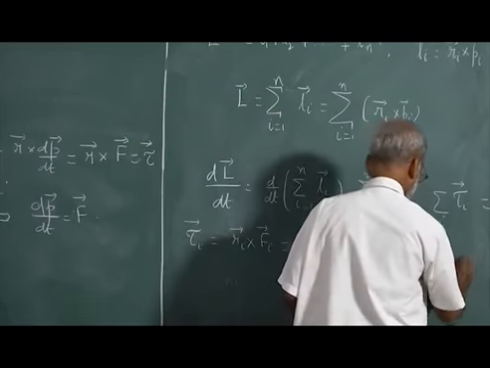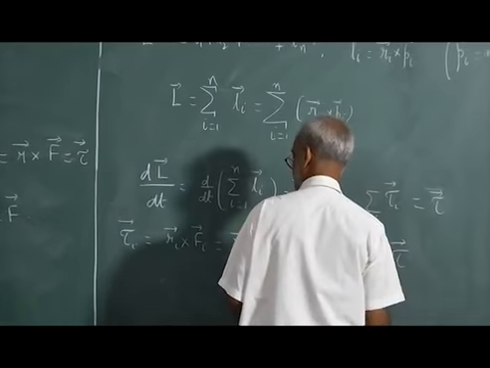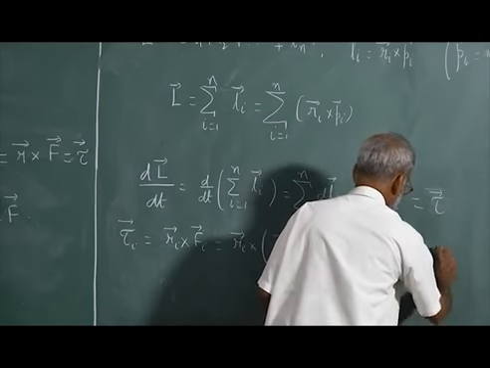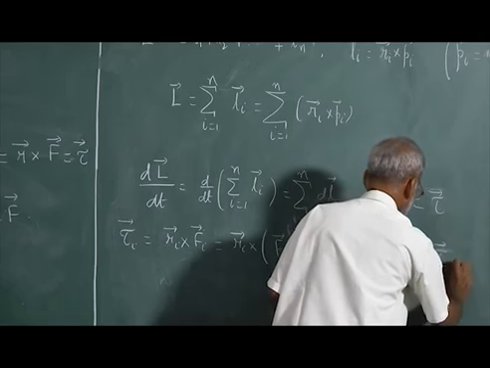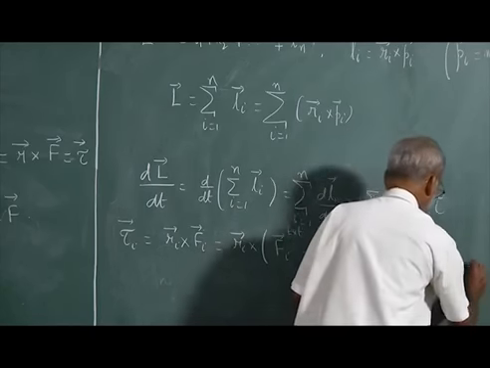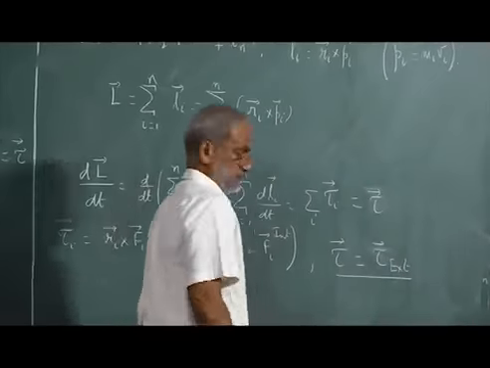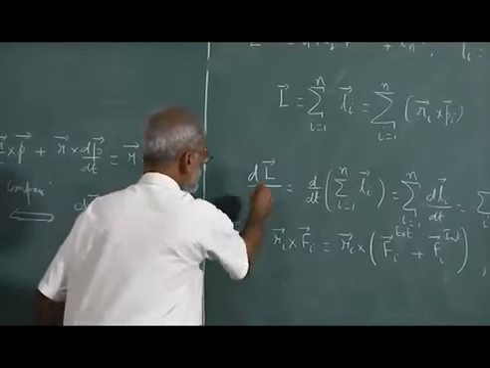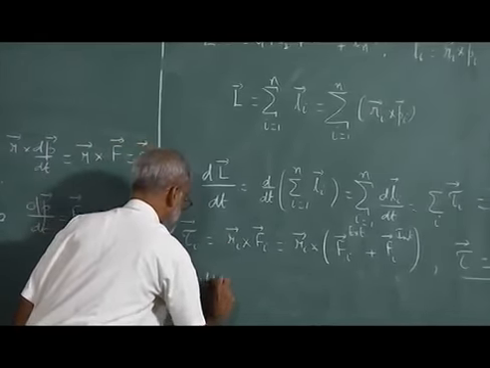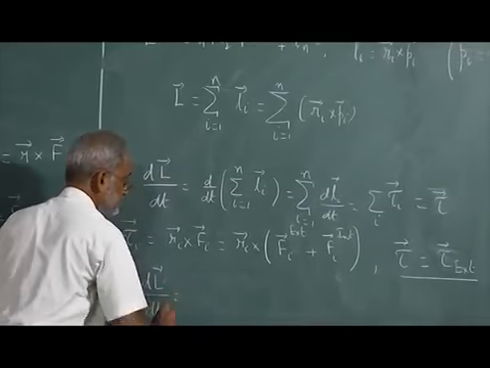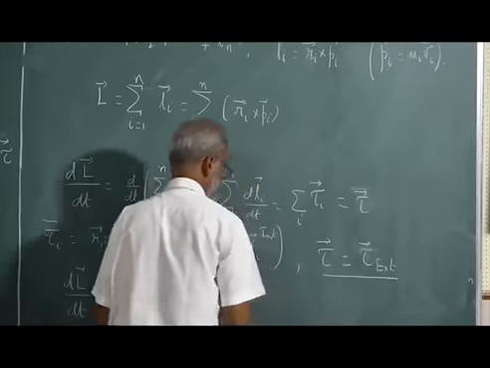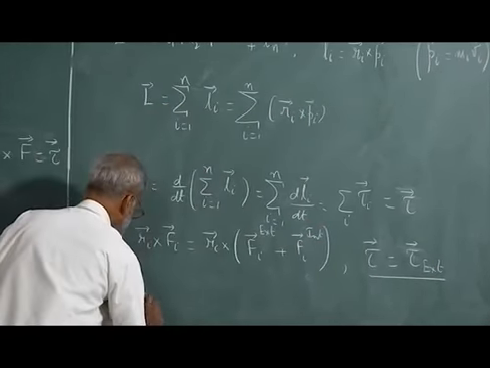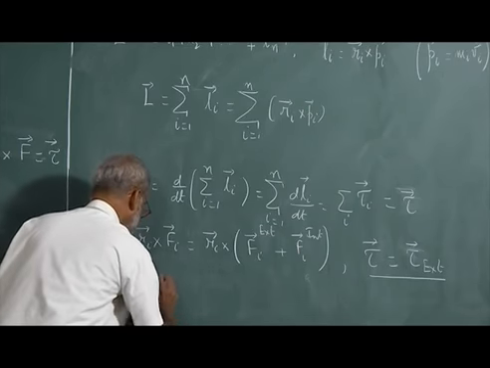So we can say that tau internal does not contribute, tau external only. Therefore, I can write dL by dt is equal to tau external, because the internal forces are of action-reaction type.